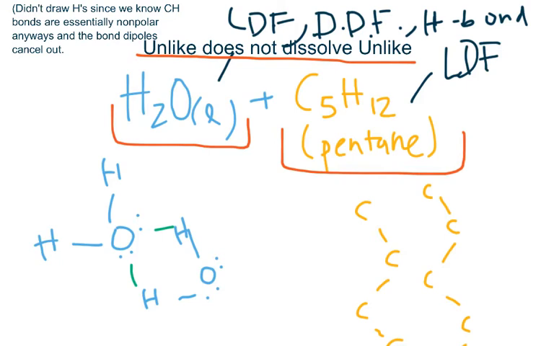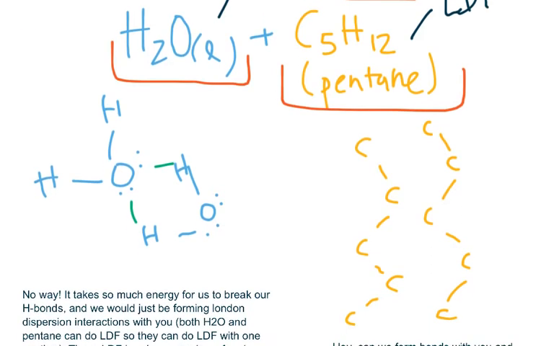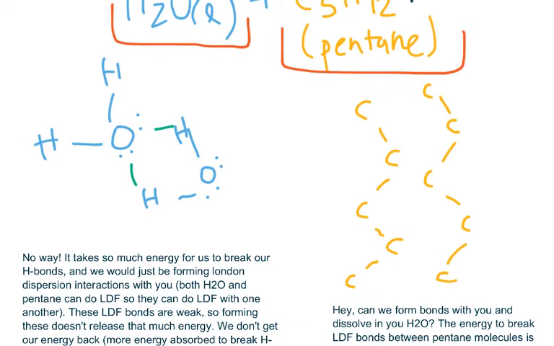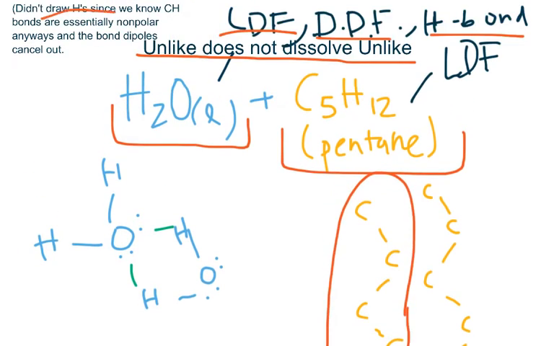So as we might know, H2O has London dispersion forces, dipole-dipole forces, and hydrogen bonding. Meanwhile, pentane, which has a Lewis structure that looks like this, where we don't include the H's since we know that the CH bonds are essentially nonpolar anyways, and in addition, the bond dipoles cancel out.